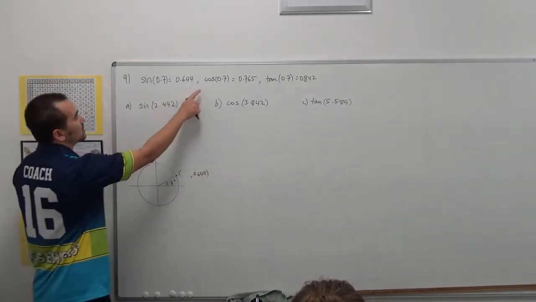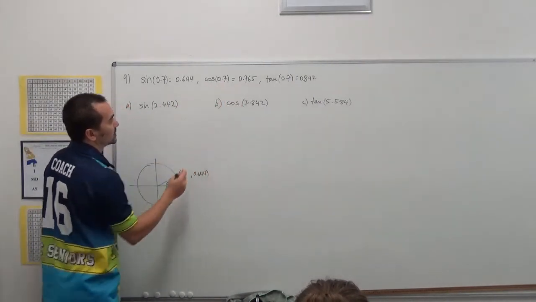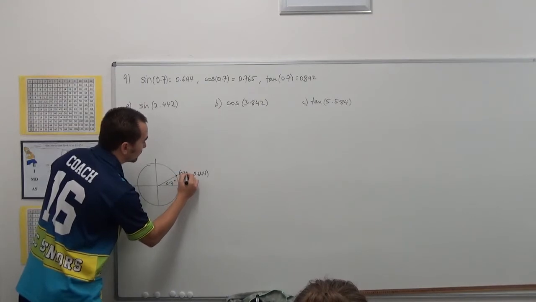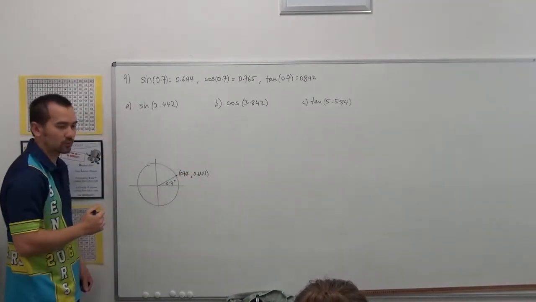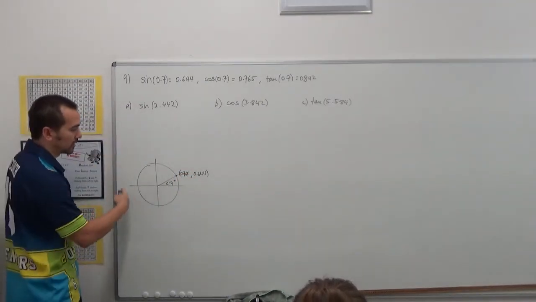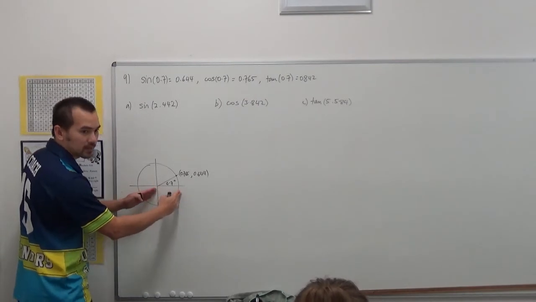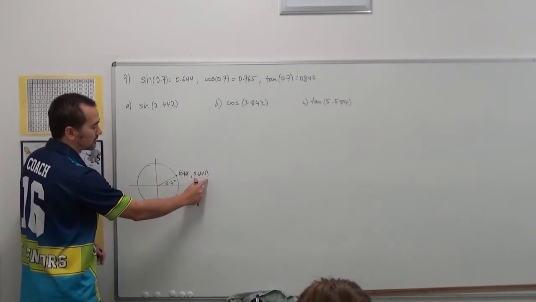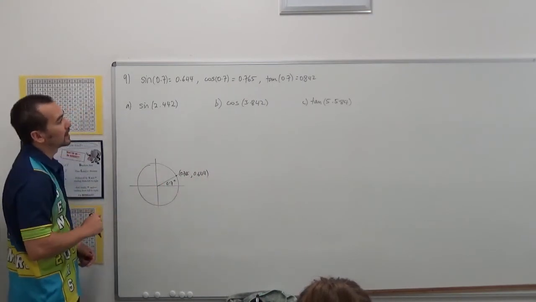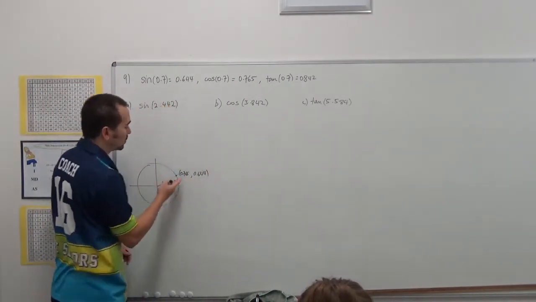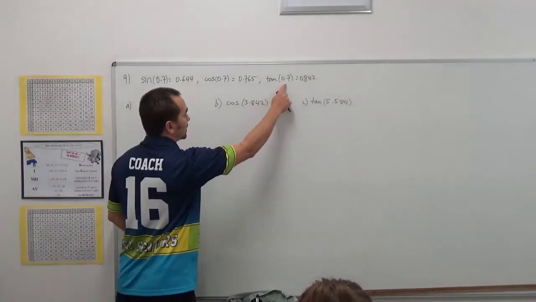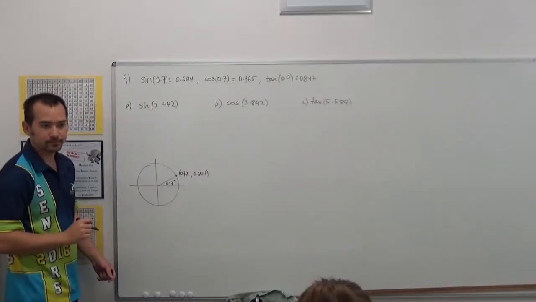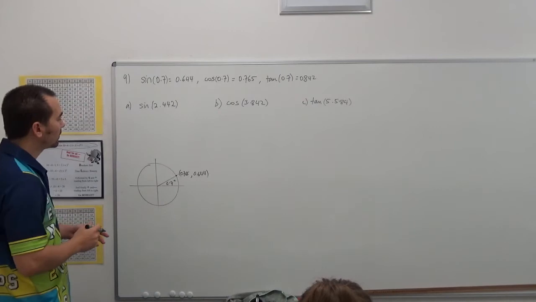Okay, the cosine of that angle is 0.765. Does that look reasonable? According to the diagram, it's biased to the cosine. The cosine is longer, it's past the halfway mark, and so therefore the sine is shorter. And then the tan of the same angle would be the slope. Yeah. Okay? Excellent. We have a reference point now.